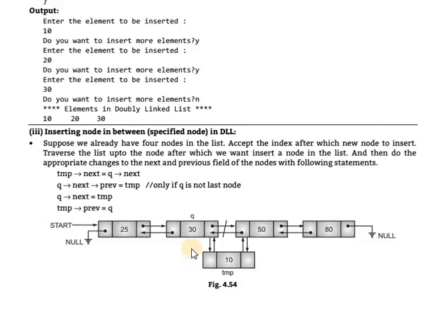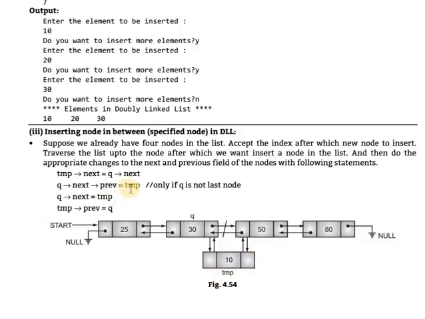That figure shows what happens when we add 20 in the middle. First we find the location, for example we add at this location, q's next. Okay, that q's next is assigned to temp's next. This is temp's next.